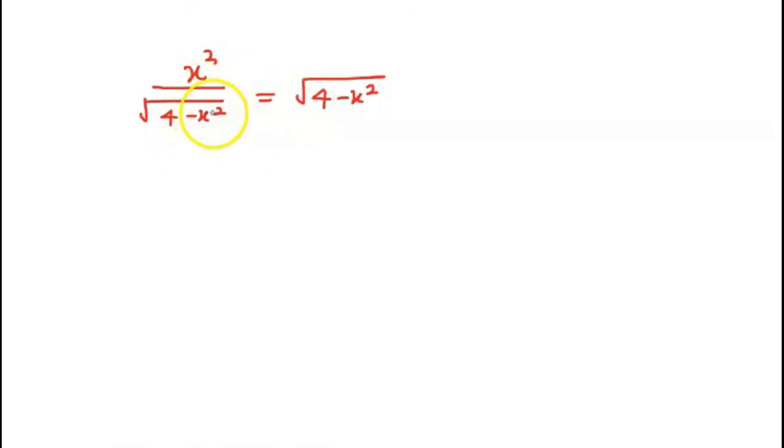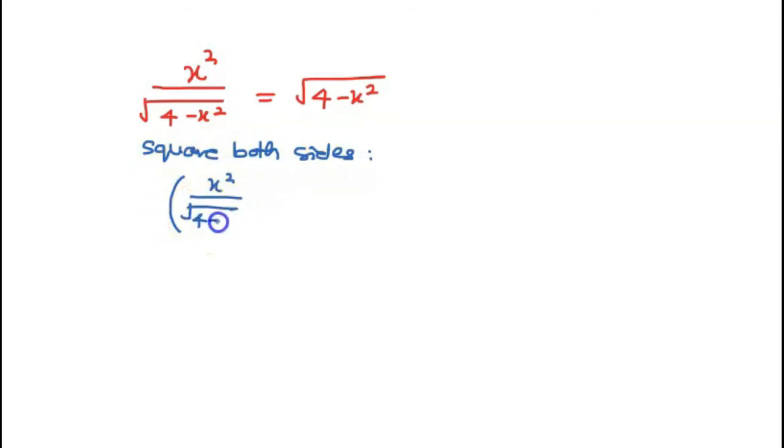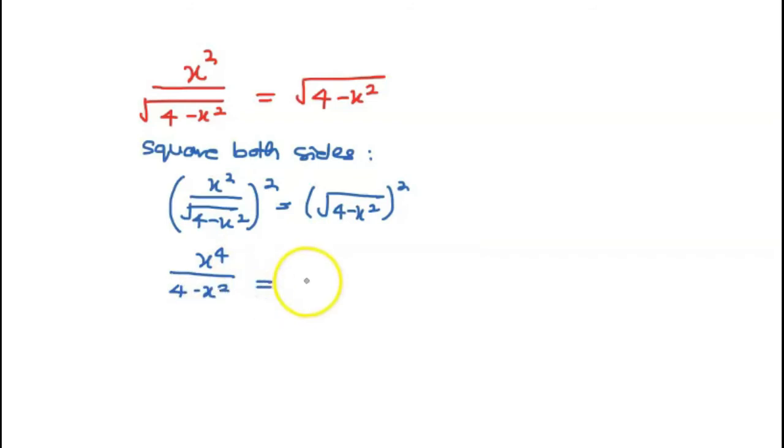Now, to simplify this equation further, we need to square both sides of the equation. Squaring both sides gives us x squared over the square root of 4 minus x squared equal to the square root of 4 minus x squared, being squared. As a result, we have x to the power of 4 over 4 minus x squared on the left, as well as 4 minus x squared on the right hand side.